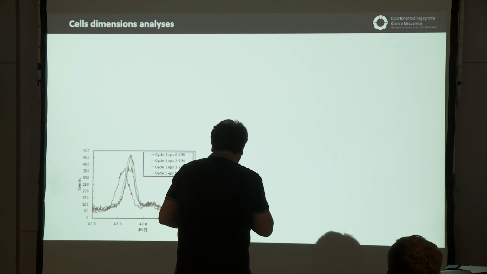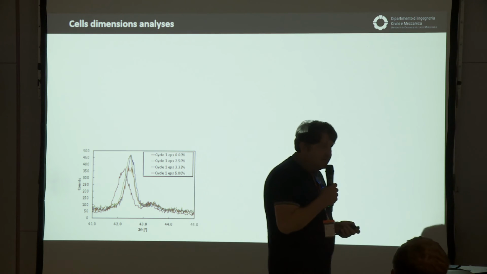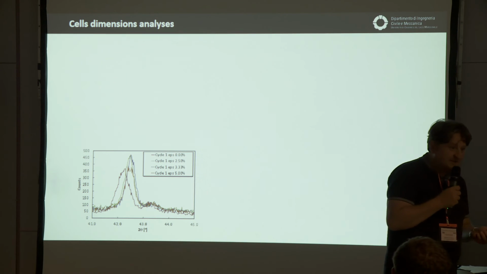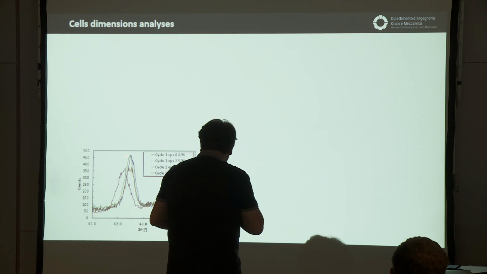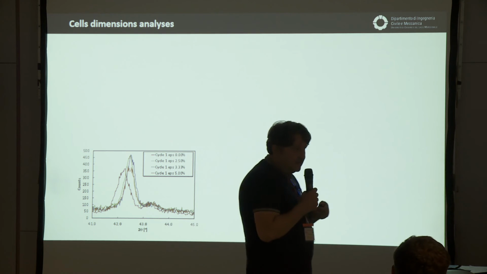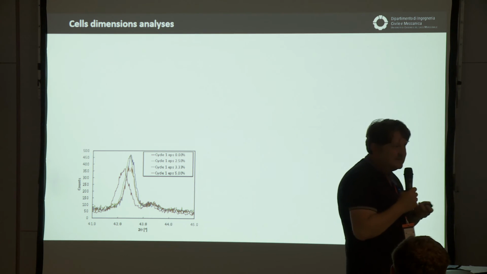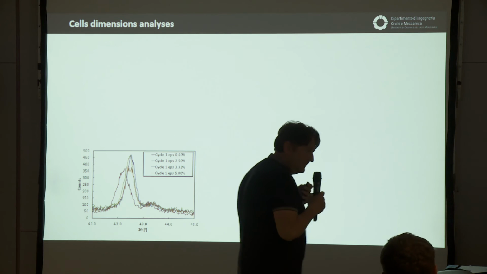At 3.3%, the value is almost the same, but the variation of austenite and martensite is beginning. And at 5%, you can see that the peak is lower in intensity because we have less austenite than before.